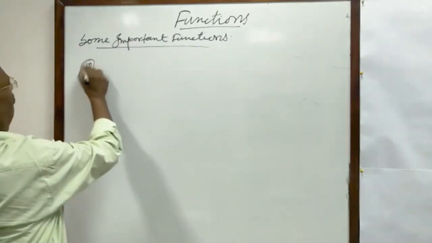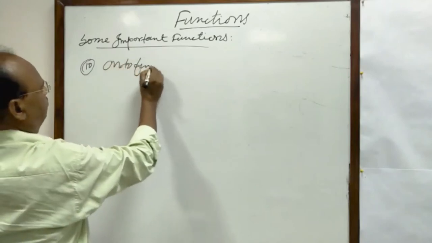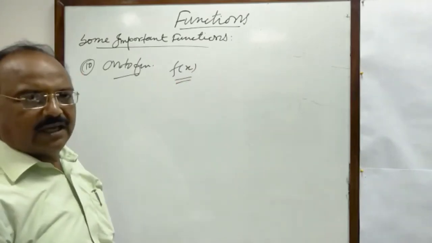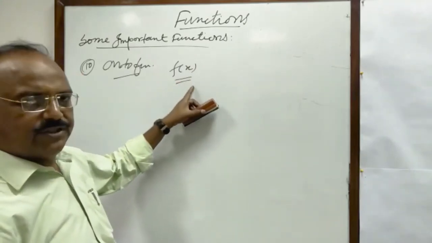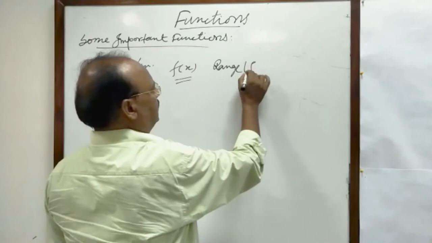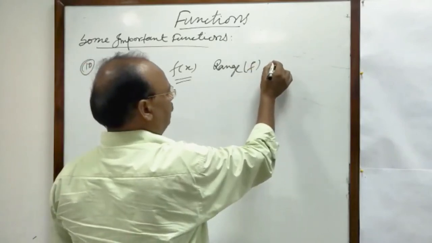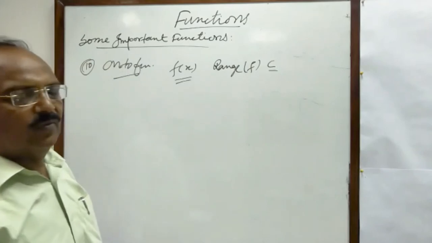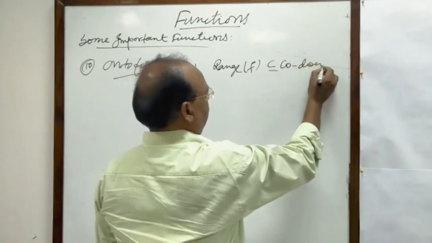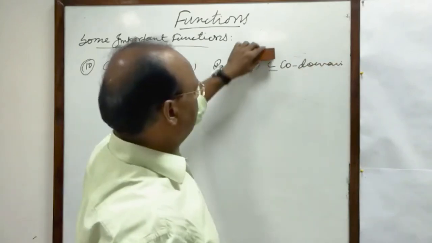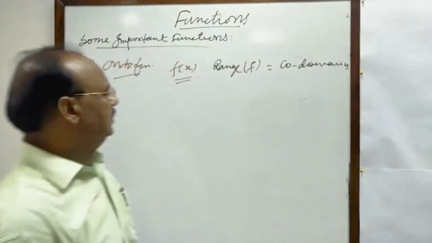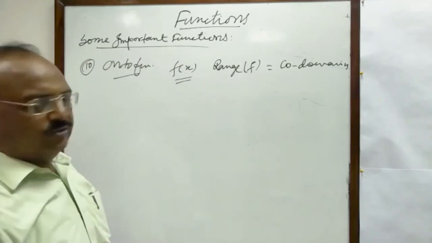So, onto function: if f(x) is a function such that the range of the function f is equal to the codomain, then this function is known as an onto function.